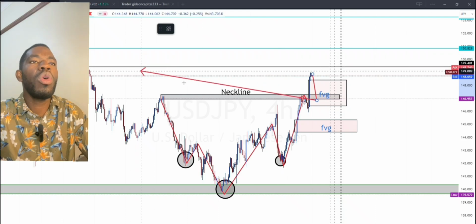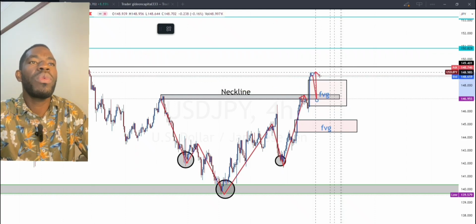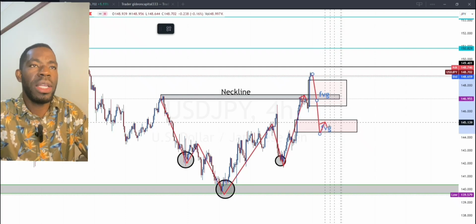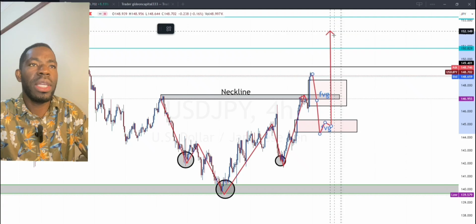Or on the other hand, price can get to this point, mitigate this fair value gap before rallying all the way to the upside. That is what we are anticipating.